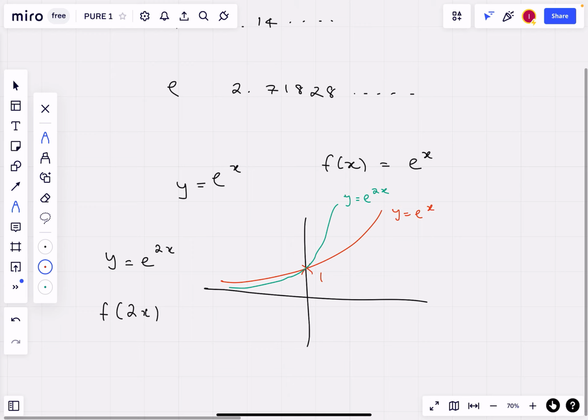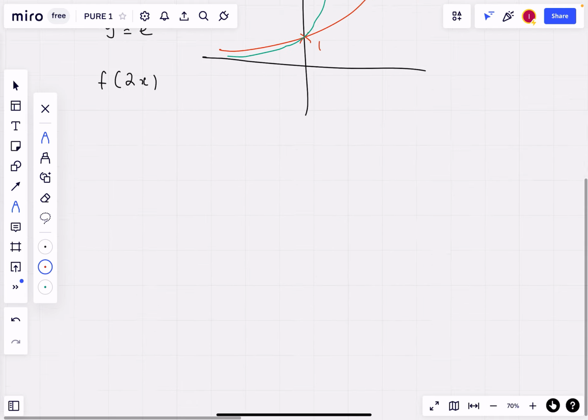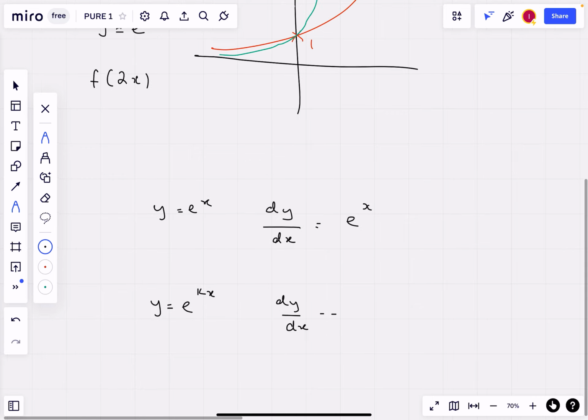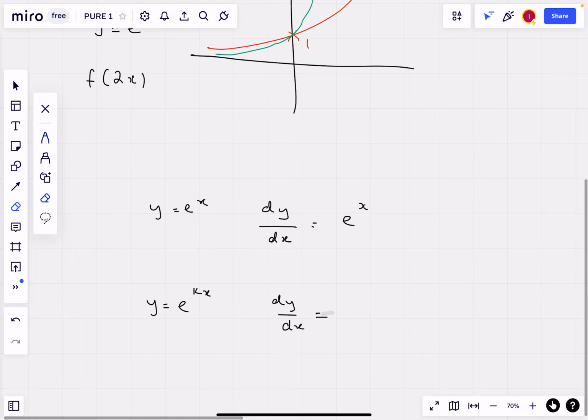The differentiating part though, let me explain that. If you have y equals e to the power of x and you differentiate it, you get e to the power of x. It stays the same. However, if you have e to the kx, you now get k e to the kx.